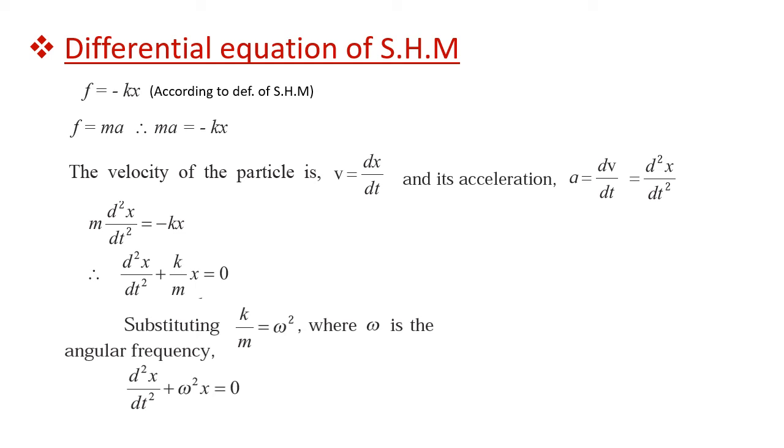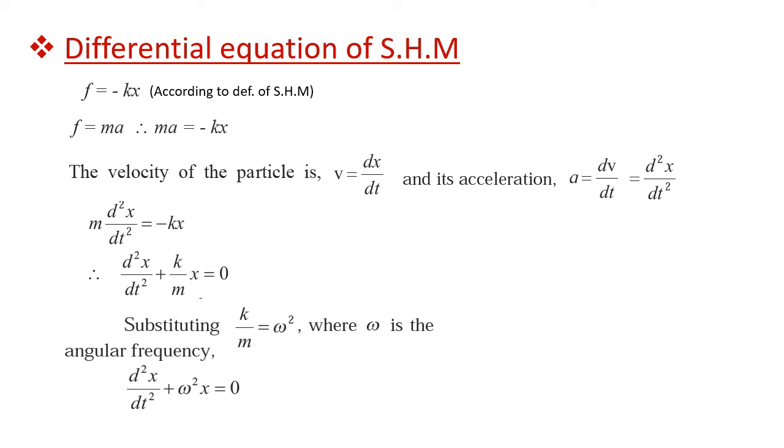So let us try to derive the differential equation for S.H.M. From the definition of linear simple harmonic motion, we are aware that mathematically we can write S.H.M. as F is equal to minus kx, that is, force and displacement are proportional to each other, but as the negative sign indicates, they are oppositely directed.